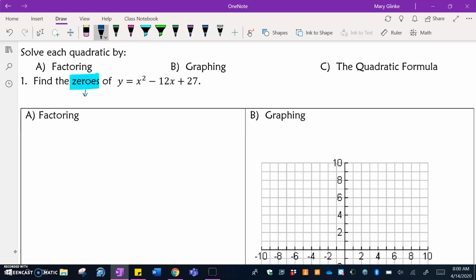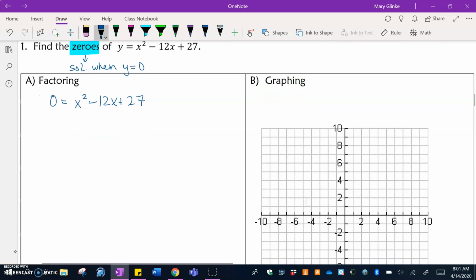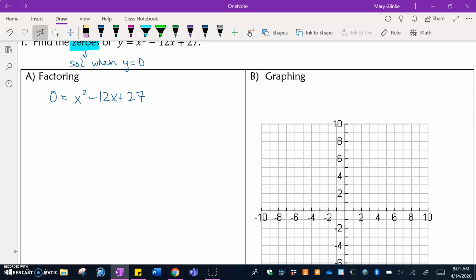The zeros are another way of saying the solutions when y equals 0. So in order to factor it, we're going to replace y with 0. And the first step of factoring is to get it equal to 0, which it is. Now we're going to do our number pairs.